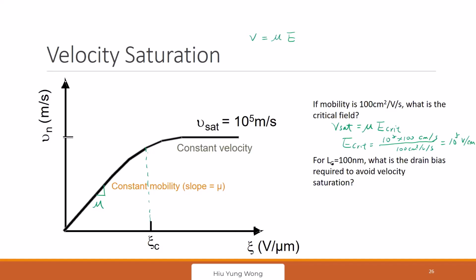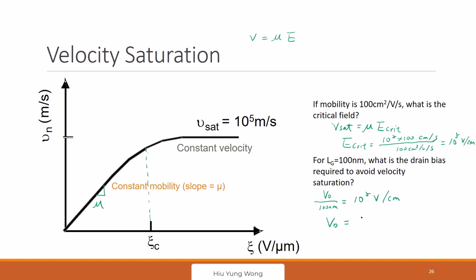Think about 100 nanometer gate length. If we assume everything is even, then the drain voltage divided by 100 nanometer will give you 10 to the power 5 volt per cm, right?